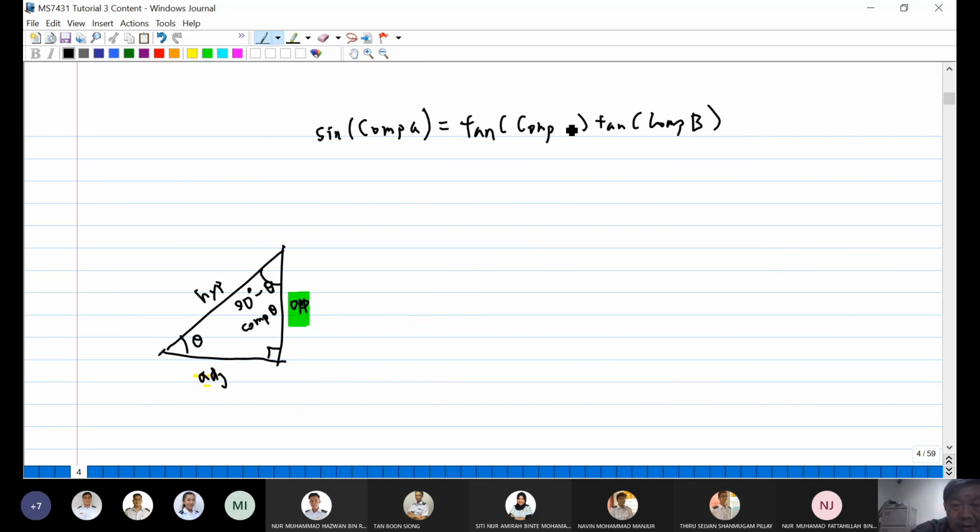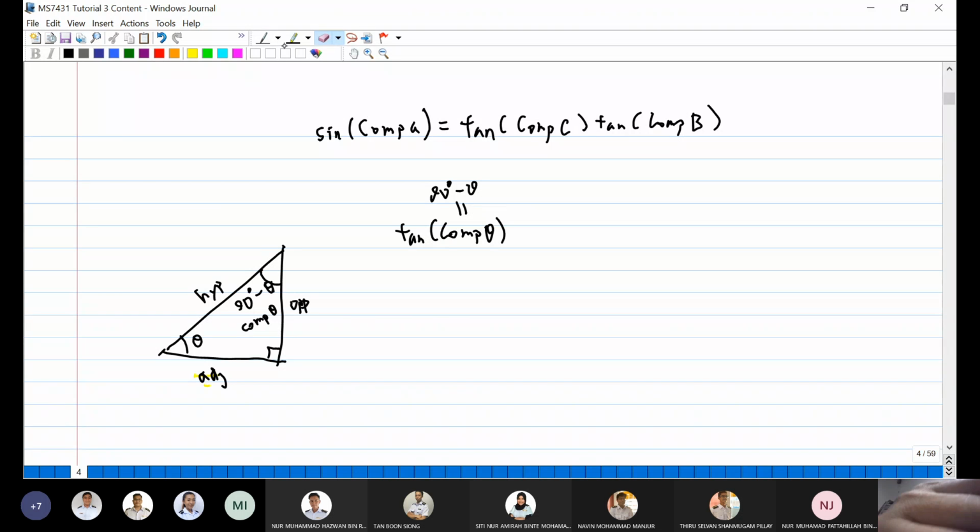Okay, so now how do you take care of co-, right? So same triangle here, got tangent of, let's say, co-theta. Co-theta is 90 minus theta, all right? So tangent of co-theta is what now?